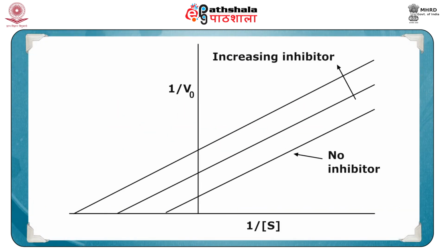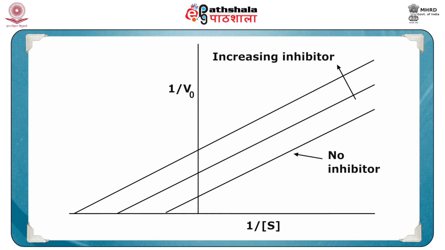A plot of 1 over V0 versus 1 over S in the presence and absence of the uncompetitive inhibitor is illustrated in the graph. As observed in this graph, in the presence of an uncompetitive inhibitor, the parameters of apparent Km and Vmax alter. The lines also in the presence of an uncompetitive inhibitor are parallel.